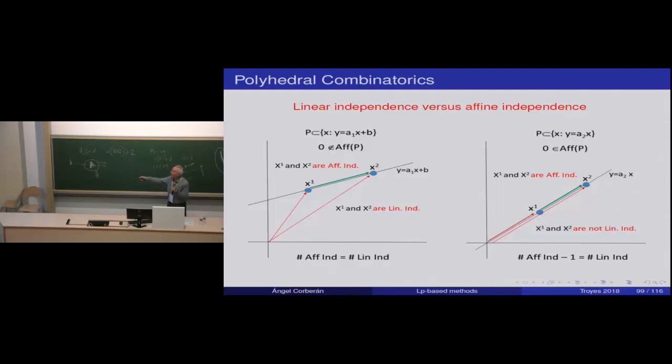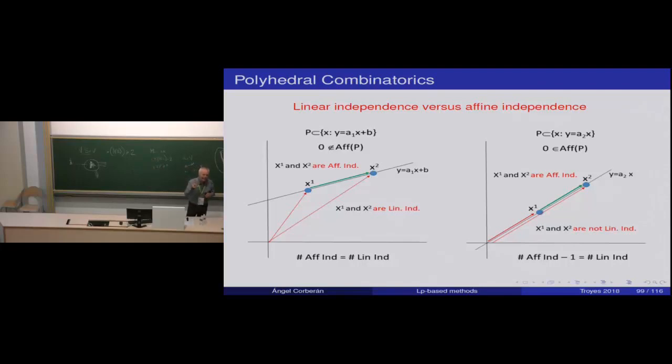In this case, it is again the number of affinely independent vectors minus 1, but it is exactly the number of linearly independent ones. So for defining the dimension of the polyhedron, I would have to say something like: the dimension is the number of linearly independent vectors if my polyhedron is in a hyperplane through the origin; if not, then it is this number plus 1.